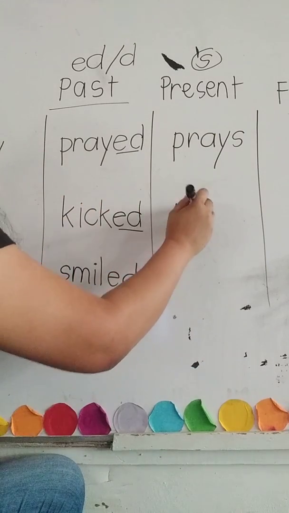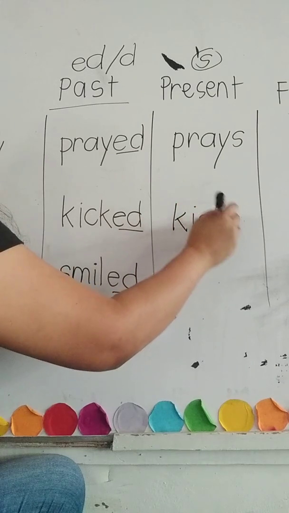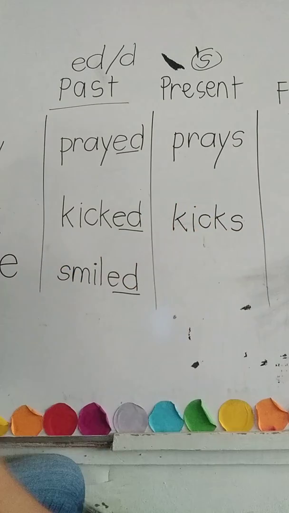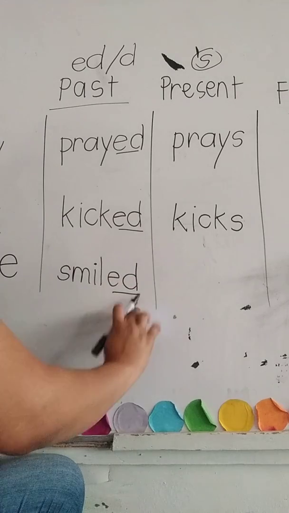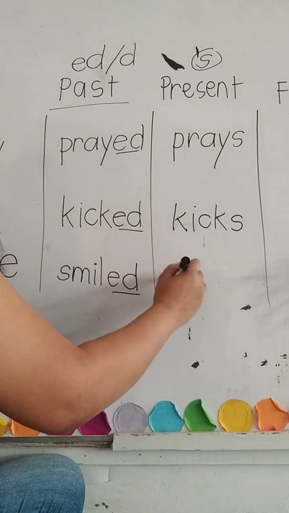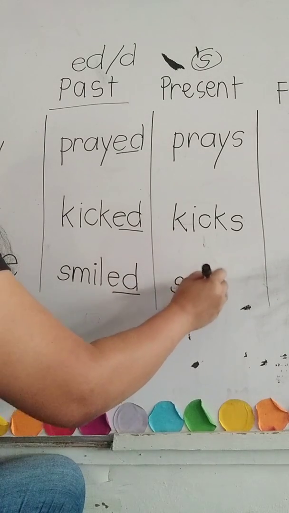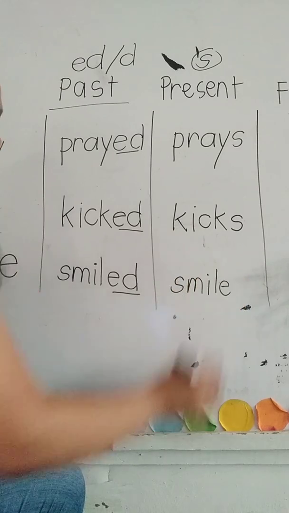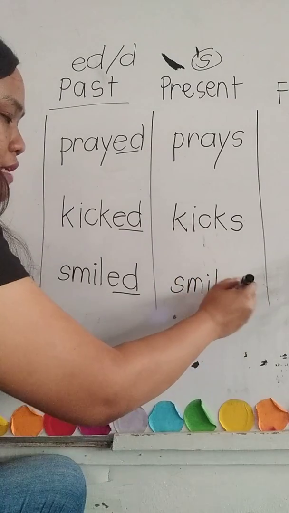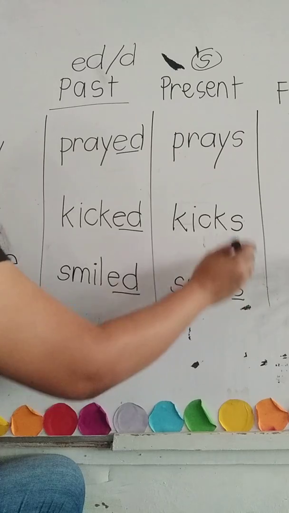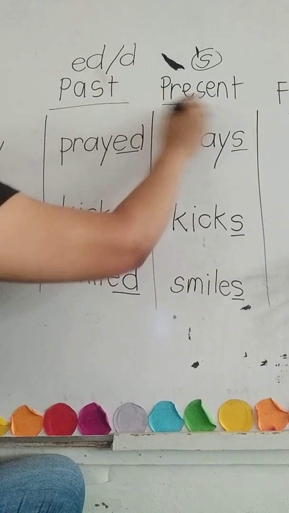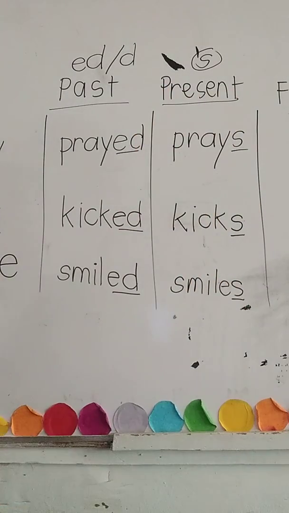Copy K-I-C-K, add letter S, kicks. Smile, copy smile, S-M-I-L-E, and add letter S. So all those with letter S means they are present tense.